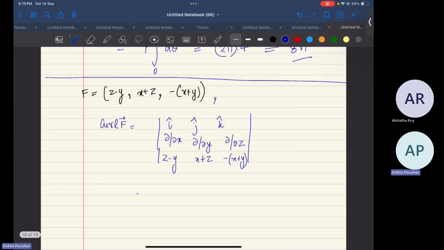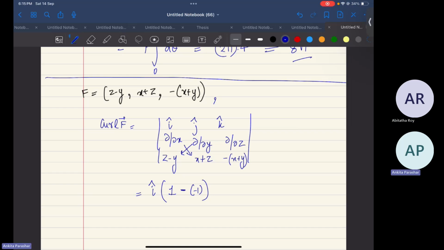Okay, what is that? When we take del by del x of this function, it will be 1 minus, and we take del by del y of this function, it will be again minus 1. Is that okay? You took the wrong combination. Sorry.